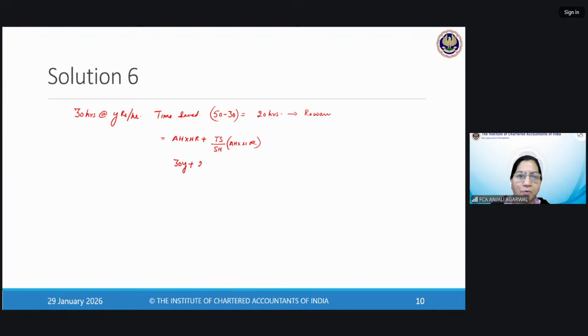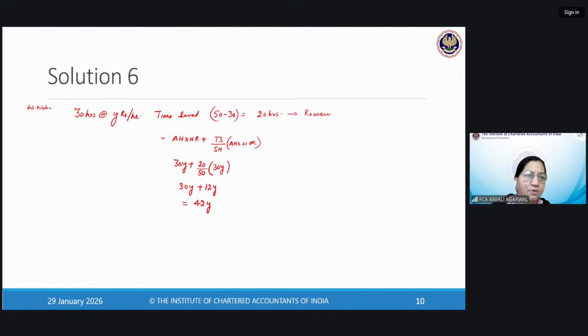Bonus would be 20 on 50. So it's 40% bonus of 30Y. 30Y plus 40% of 30Y, 12Y. So the total wages paid to the worker is 42Y.